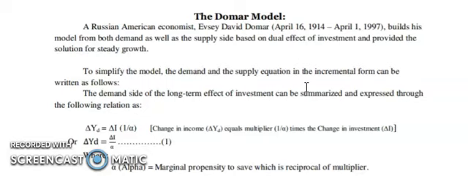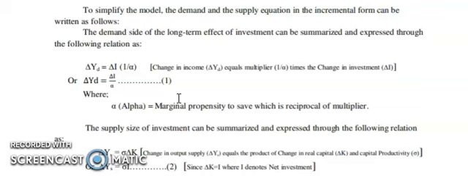To simplify the model, the demand and supply equation in the incremental form can be written as follows. The demand side of the long-term effect of investment can be summarized and expressed through the following relationship: delta Yd equals delta I by alpha. Delta Yd is the change in income. It equals the multiplier times the change in investment, delta I, into 1 by alpha.